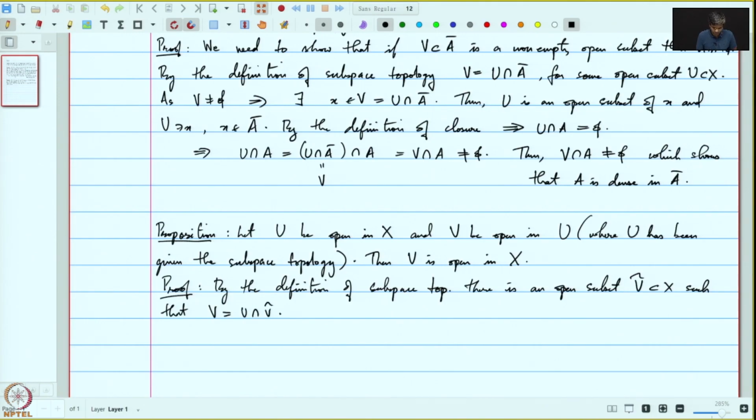But now U is open in X, V tilde is open in X, and as a finite intersection of open sets is open, and both U and V tilde are open in X, this implies U intersection V tilde, which is equal to V, is open in X. So this completes the proof.